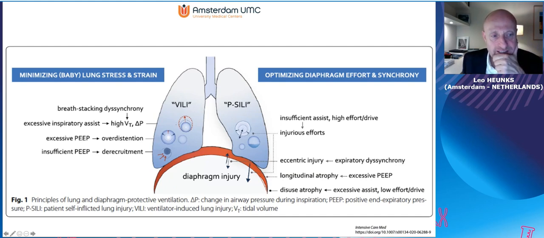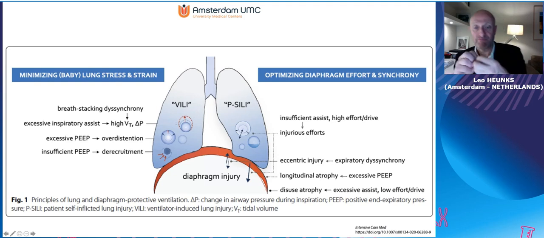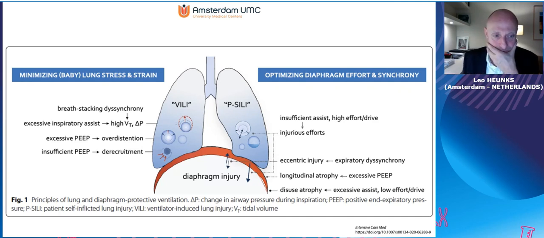So prevent excessive inspiratory assist, either delivered by the ventilator or because of the high drive or effort of the patient. This results in high stress and strain, Pendeluft, and other mechanisms that may result in lung and diaphragm injury.